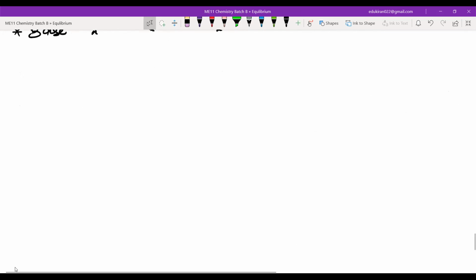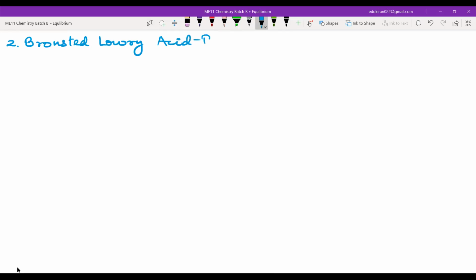All right, next. Bronsted-Lowry concept of acids and bases. Bronsted-Lowry acid-base concept.